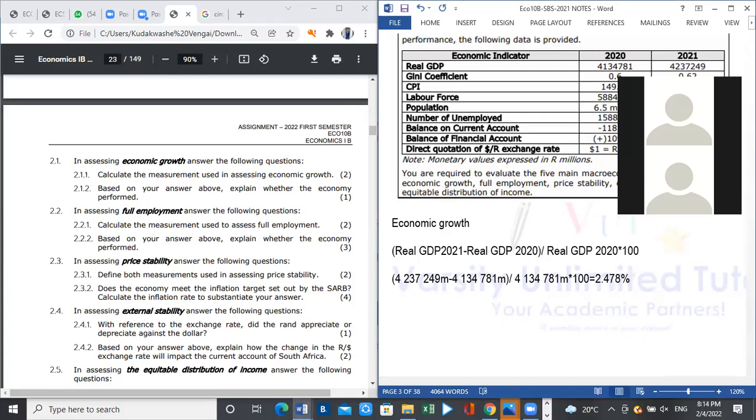It's Sonica. Sonica is saying 2.478%, and she's asking, is this correct? Let's see. Gareth is saying it's correct.